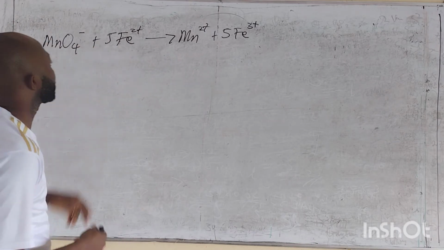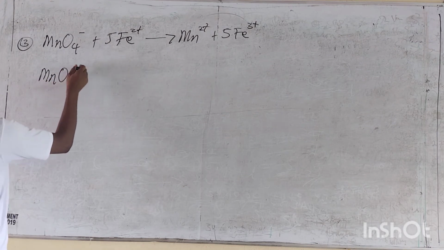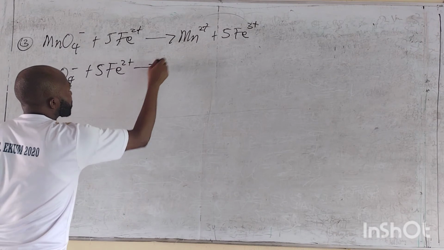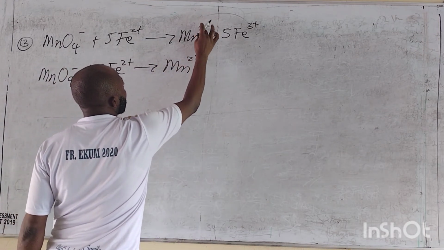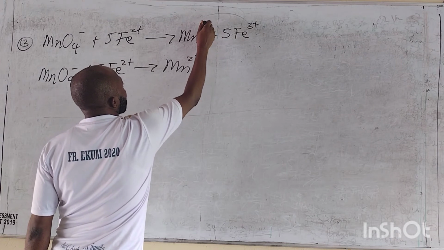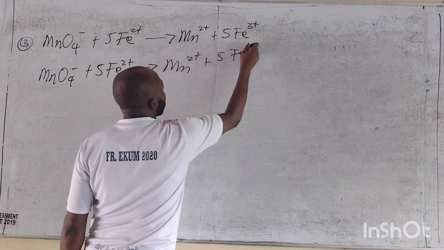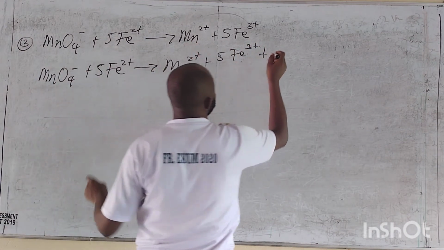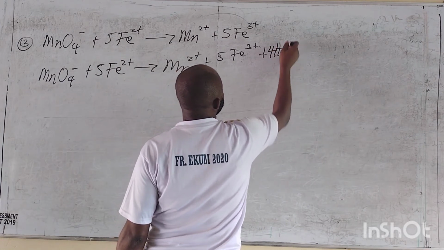Oxygen here is 4, so I have my MnO4 minus plus 5 Fe2+ gives us Mn2+ plus 5 Fe3+. We have 4 oxygen, so 4 H2O.